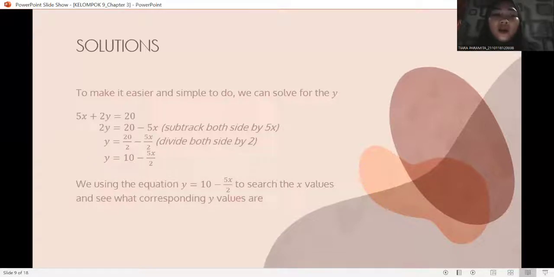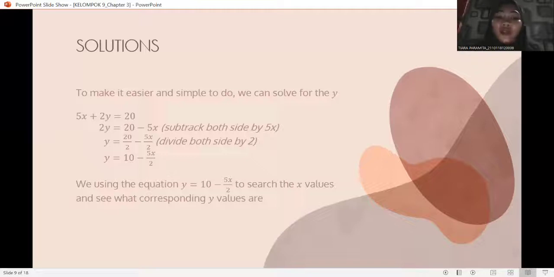So 2y equals 20 minus 5x. y equals 20 divided by 2 minus 5x divided by 2.